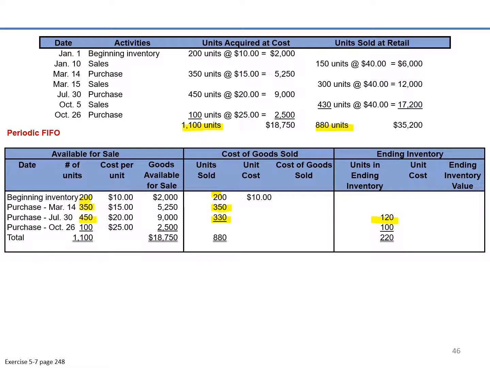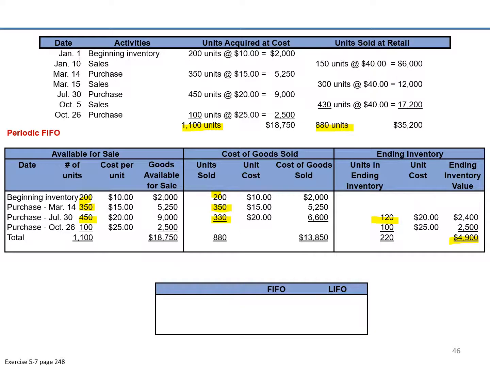Okay. So if we apply our cost to each of those units sold and we add them up, our cost of goods sold is $13,850. Apply each of the costs to our ending inventory, add them up, total ending inventory of $4,900. So if we're going to compute our gross margin under the FIFO method, gross margin is computed as sales less cost of goods sold.